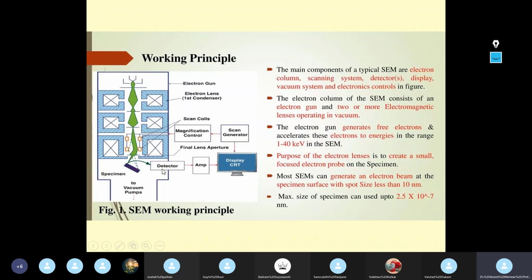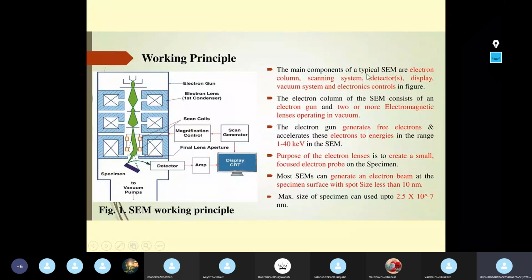Secondary electrons are detected, collected, amplified, and subjected to a CRT, that is cathode ray tube, where the electron signals are converted into visual signals. Right, so this is how most of the time it works.